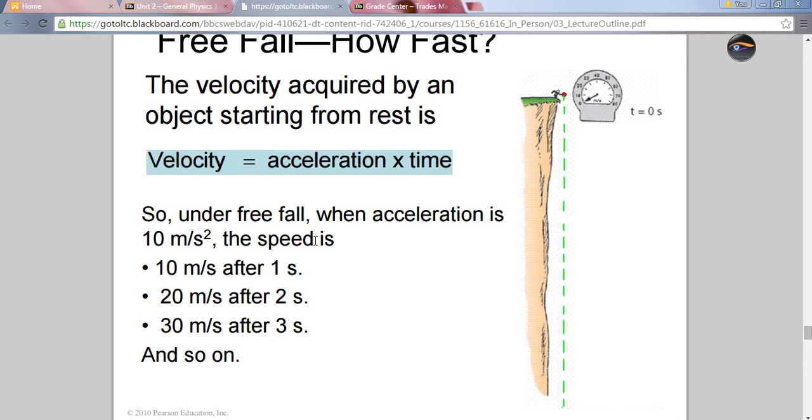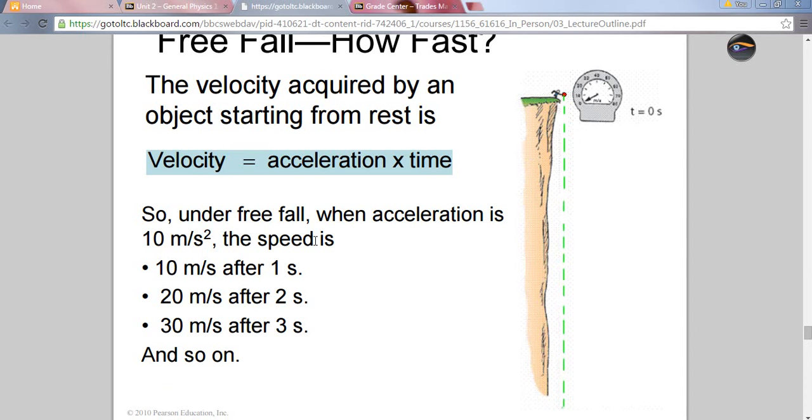So 1 second later, the velocity of that falling object would be 10 meters per second. Another second later, still accelerating at 10 meters per second every second, we are now going 20 meters per second. Then the next second that passes, we pick up another 10 meters per second. So at 3 seconds, we're going 30 meters per second.